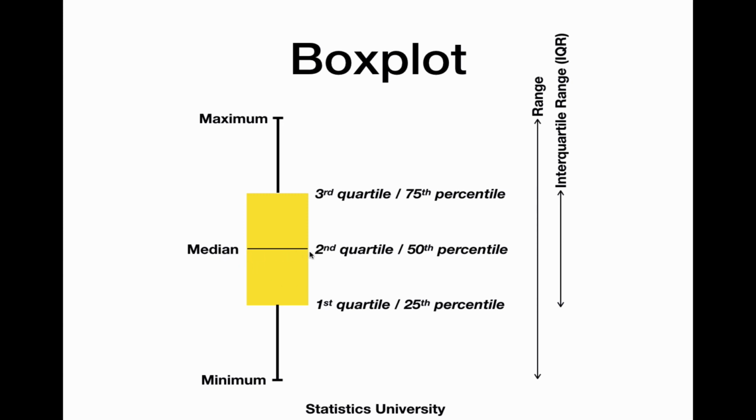And the median is the same as the second quartile or the 50th percentile, because it's just the middle observation. But if we talk about percentiles, we can also look at the 25th percentile and the 75th percentile, or the first and the third quartiles. And those are actually the boundaries of the box below and above the median. So the distance between the first and third quartile, or the 25th and 75th percentile, is the interquartile range.